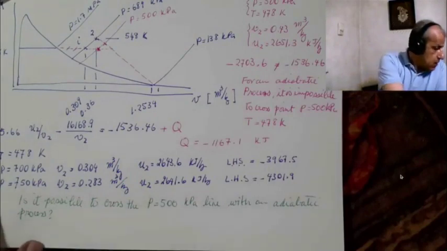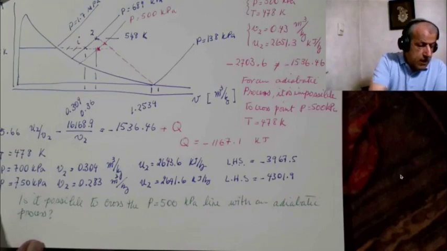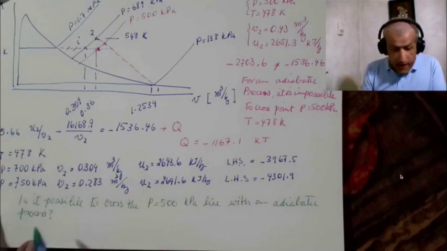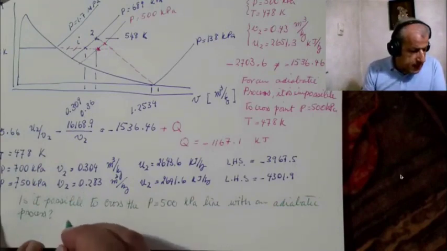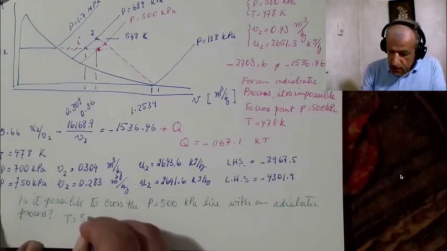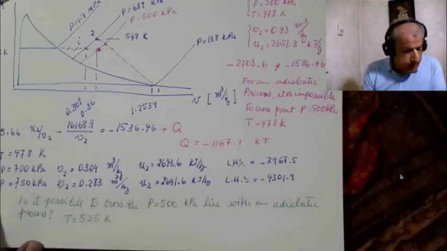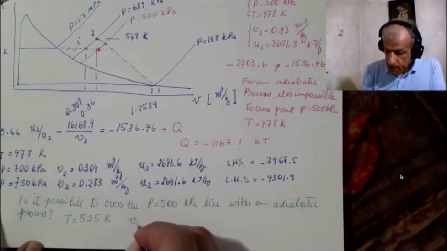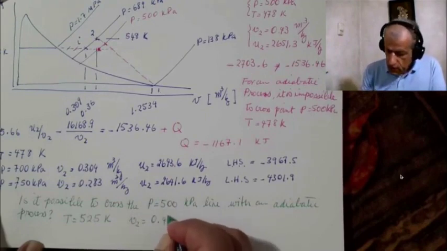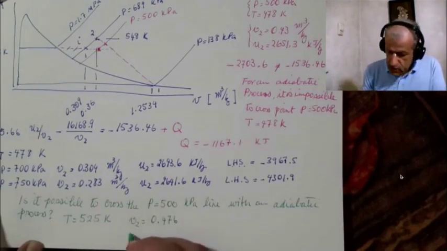So what we do now is to try values between 478 and 548. And what I ended up with is that if we try T equals 525 kelvins, then we would reach a V equal to 0.476.